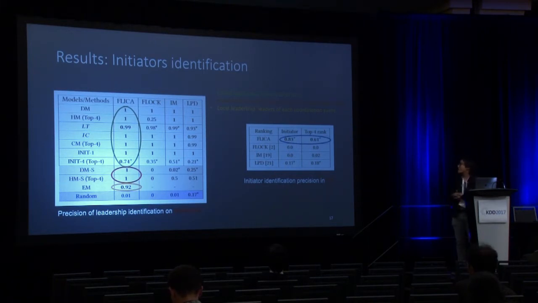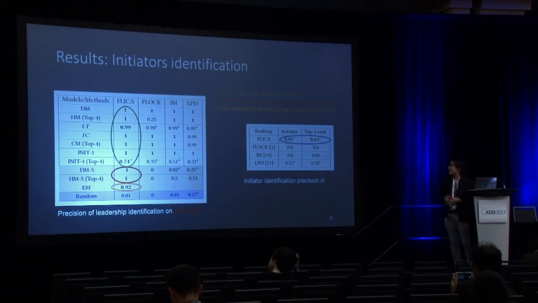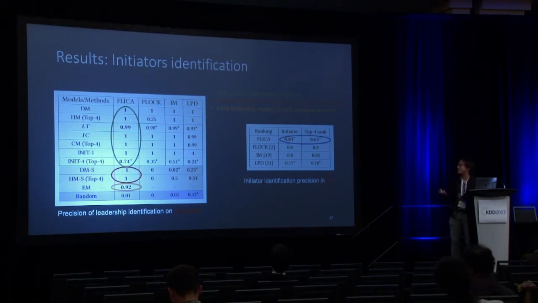We also have many more models. And then we have three state-of-the-art methods, Flock, IM, and LPD. All of these three methods can infer only global leadership. They cannot infer the coordination events, so they cannot calculate the initiator leadership and local leadership like our framework.